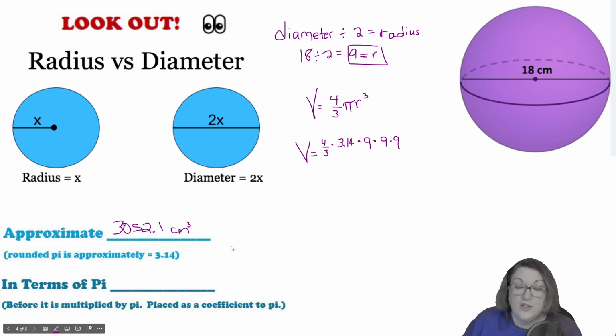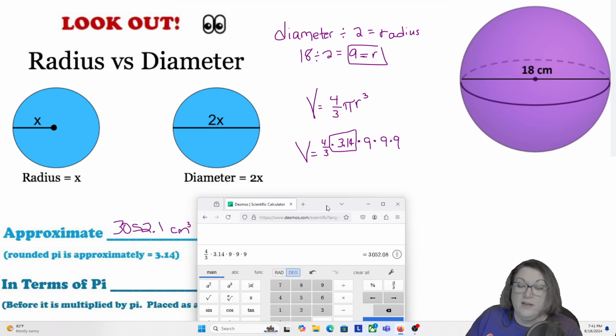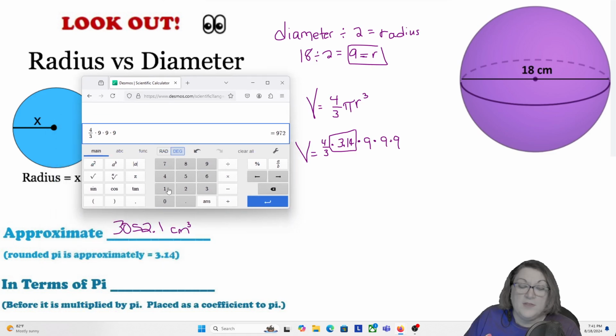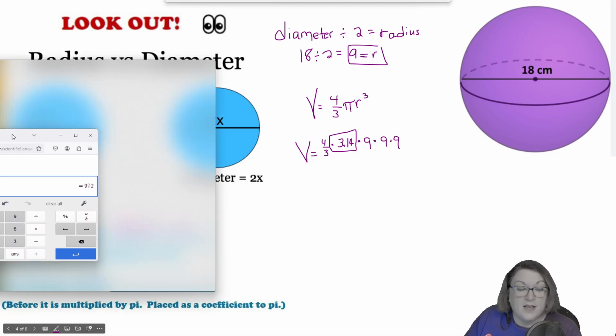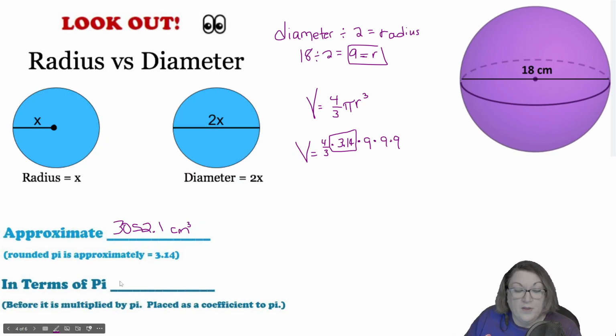And for our answer in terms of pi, we just take out the pi part that we did here, but we do everything else. Since I still have it in my calculator, I'm just going to take out all of this pi stuff. And what's left is 972. So that's what's going to go here in place of pi for our more exact answer.